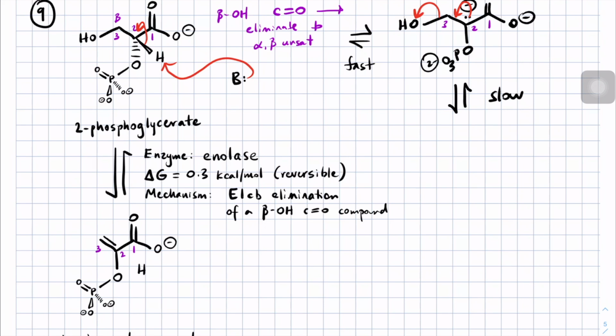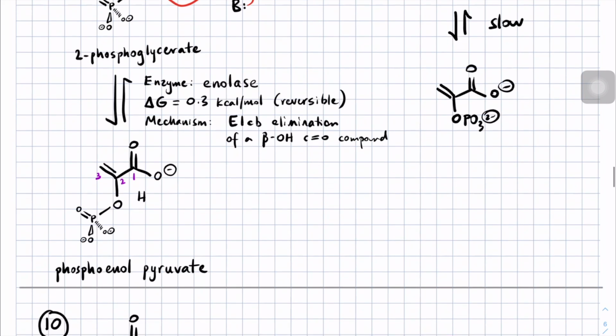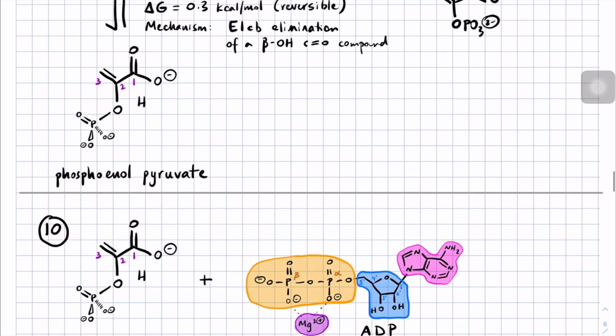And that gives us your product, which is an alpha beta unsaturated carbonyl compound, but the unusual part is that you've got the phosphate group connected to alpha carbon 2. This molecule is called phosphoenol pyruvate, and at that point we're almost done with glycolysis.